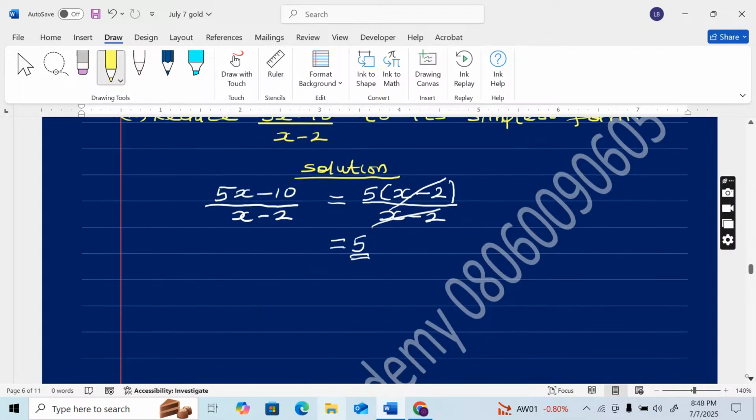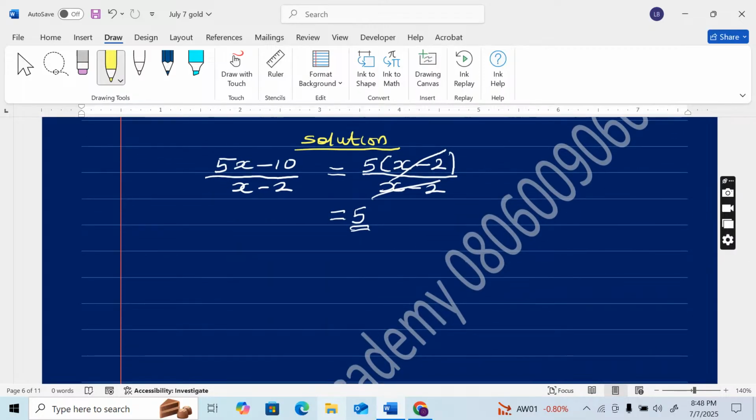So the question says, the sum of angles in a pentagon is dash.